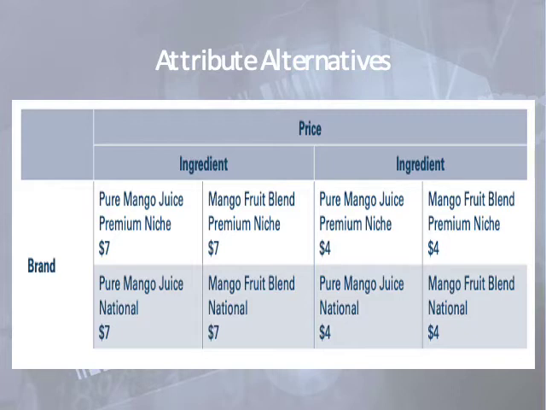So, one particular representative chose pure mango juice at premium niche at $4. What about the others? So, you need to also consider the other preferences of your consumers. Kinahanglan tan-awon nimo tanan, kay daghan man ang imong target market.